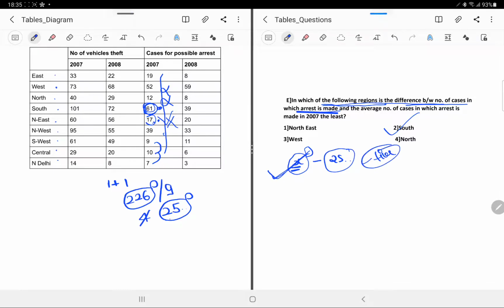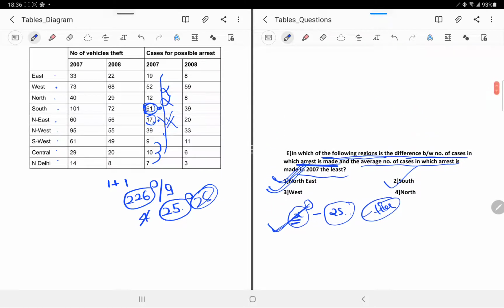The average is 25, and the least would be for Northeast. So our answer would be Northeast. For maximum it would be South, but for least it would be Northeast.